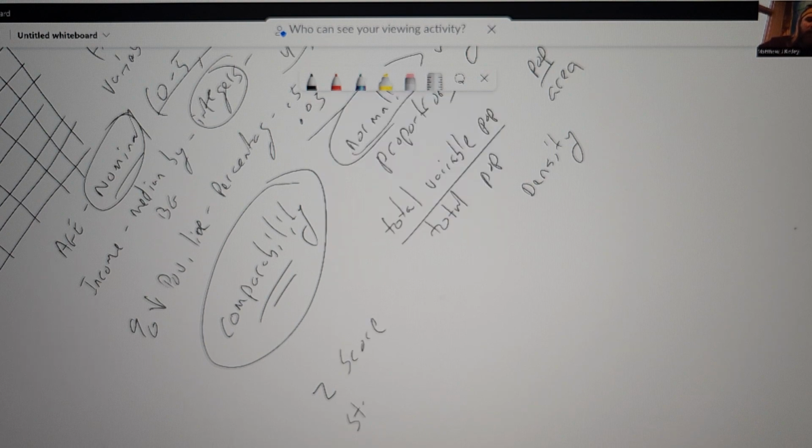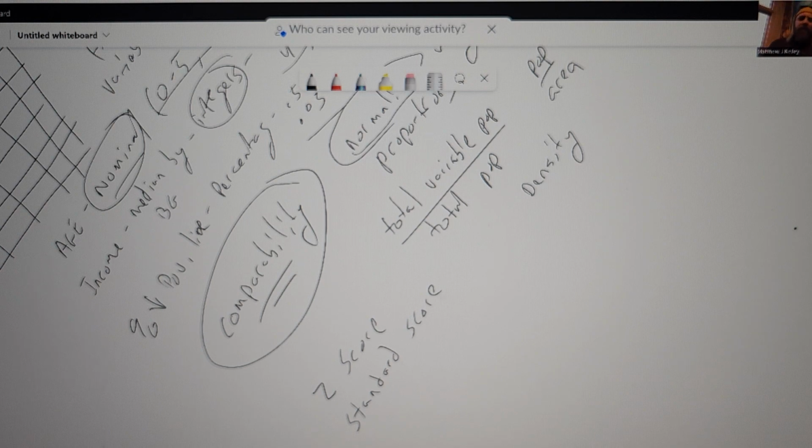Or you might call it a standard score. Means the same thing. It's a pretty basic statistic that you can calculate using some pretty basic math to normalize all of your data.